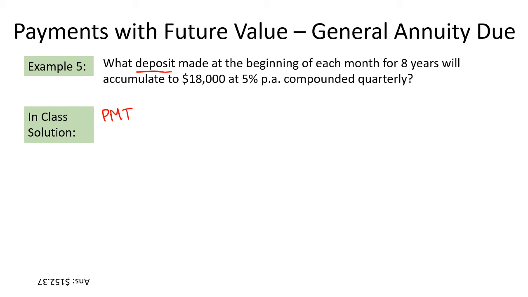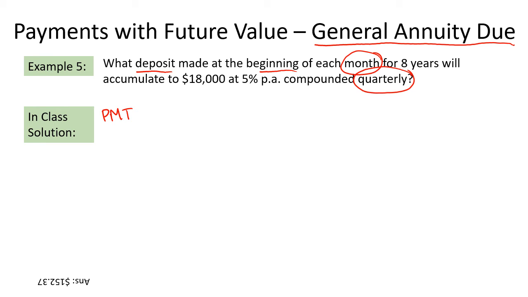And now it's to determine what type it is. Okay, so you're paying at the beginning of each month. That makes it an annuity due. And your payments are monthly, interest is quarterly, so they're not the same. So that makes it a general annuity due. Okay, highlighted it here.